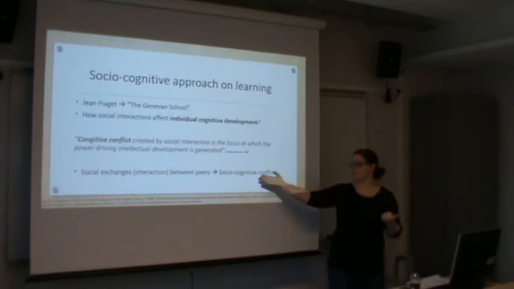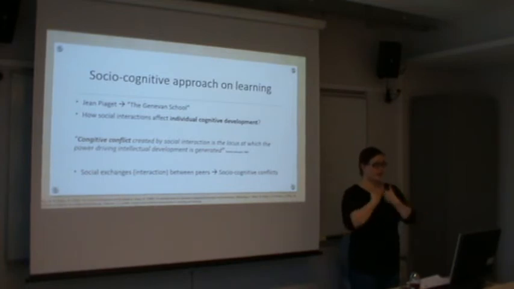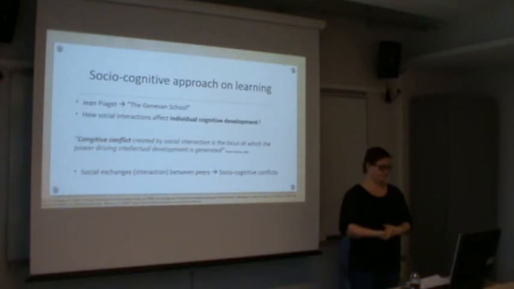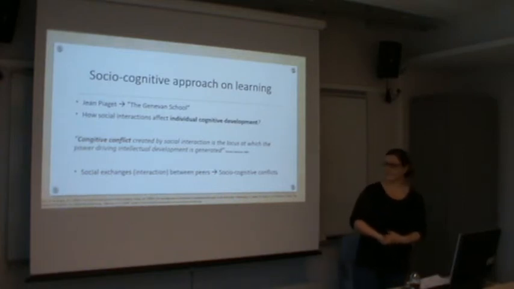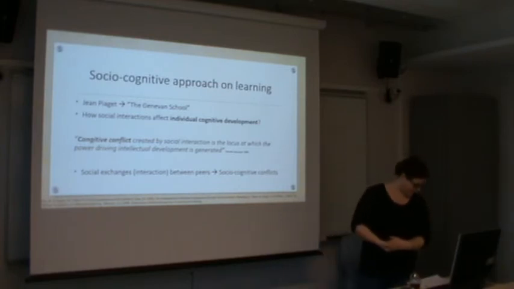Social cognitive conflict means that it happens in social interaction. I have a different understanding than you do, and we have to negotiate. There's a conflict between our ideas, and the learning happens in between, when we have to negotiate and argue this conflict out. So this is the most important concept in the social cognitive approach, the social cognitive conflict.